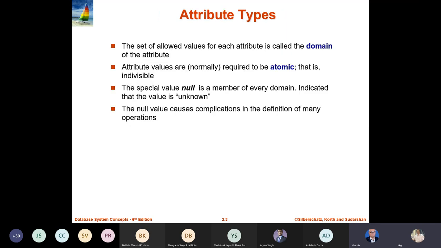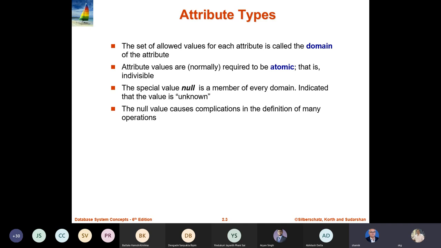So null values cause complication in defining many operations. So we do not encourage keeping null in the database.